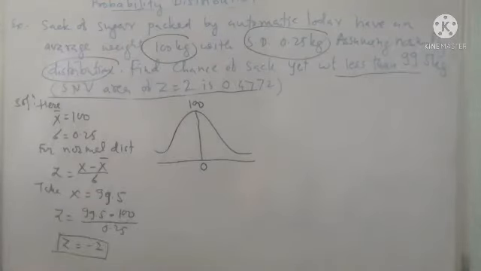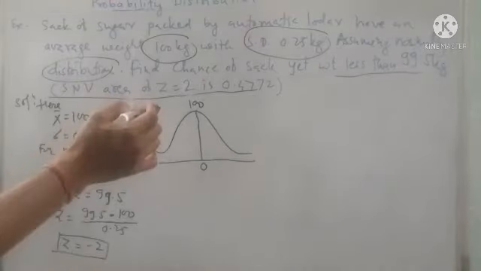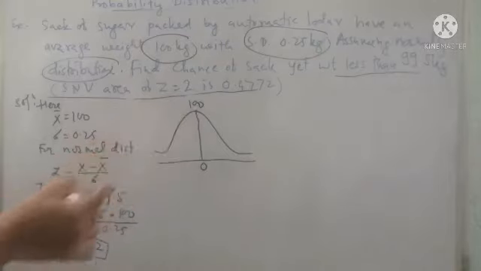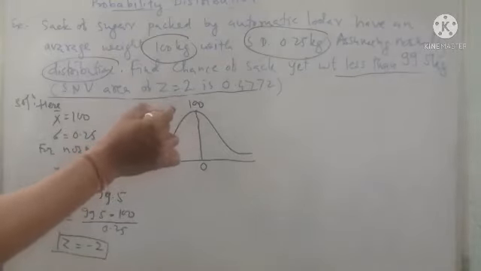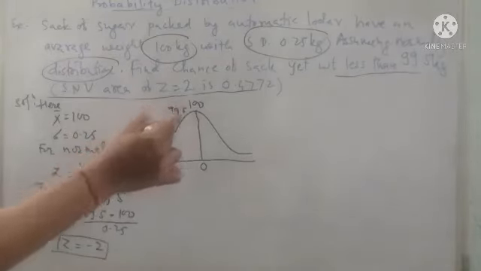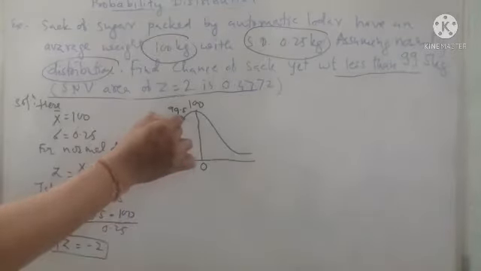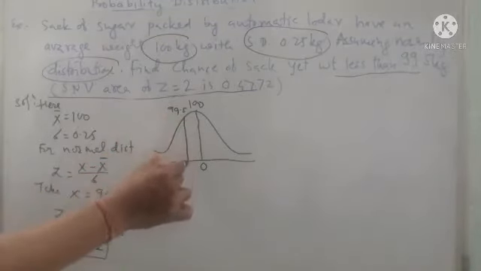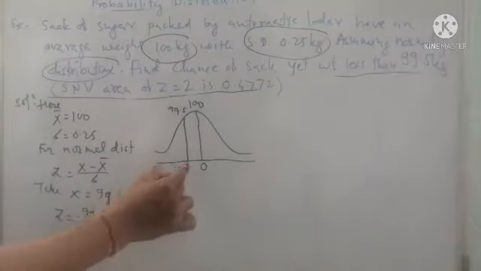Now the variable x is 99.5, which is less than 100, so on the graph it is on the left-hand side of 100. The corresponding z, by putting a perpendicular on the axis, is minus 2.